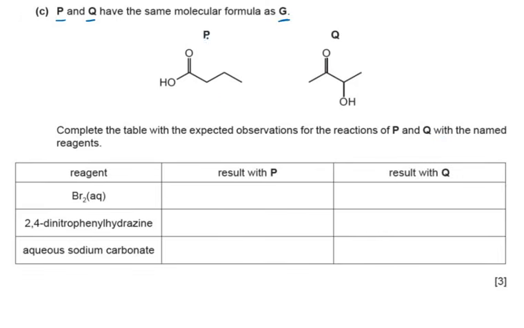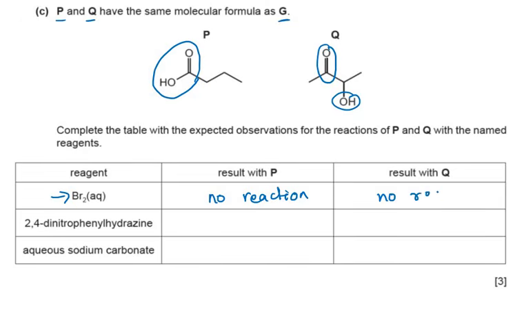If you have a look at structure P, it has a carboxylic acid, and structure Q has one ketone and an alcohol. The first reagent is aqueous bromine, which generally reacts with the alkene group, which we don't have here. So with compound P, no reaction, or you can say no change.